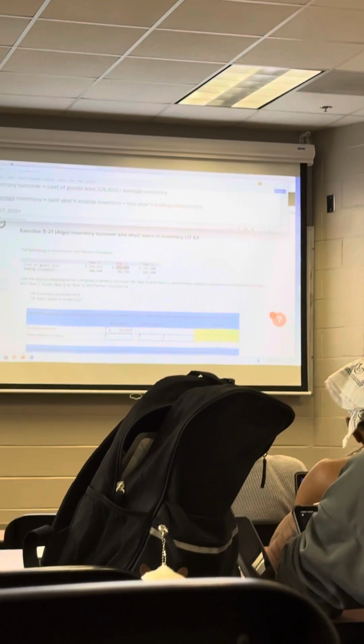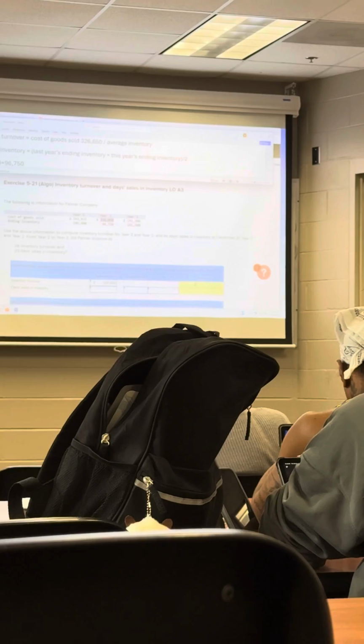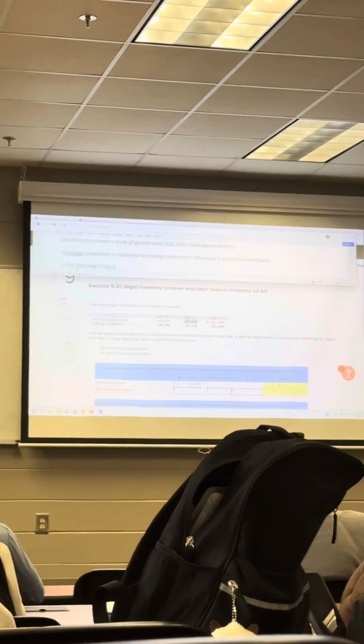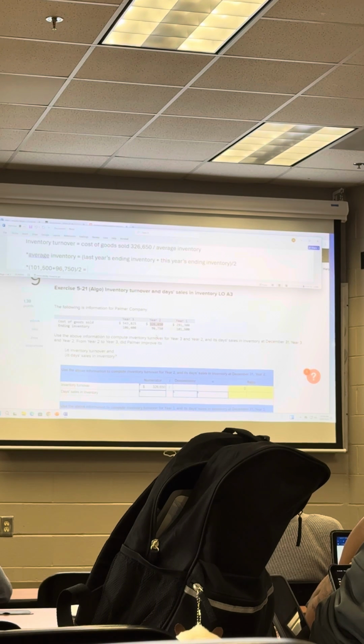Year one's ending inventory plus this year's ending inventory, $96,750, divided by 2, and that will tell me my average inventory: $99,125. That will go to the denominator.